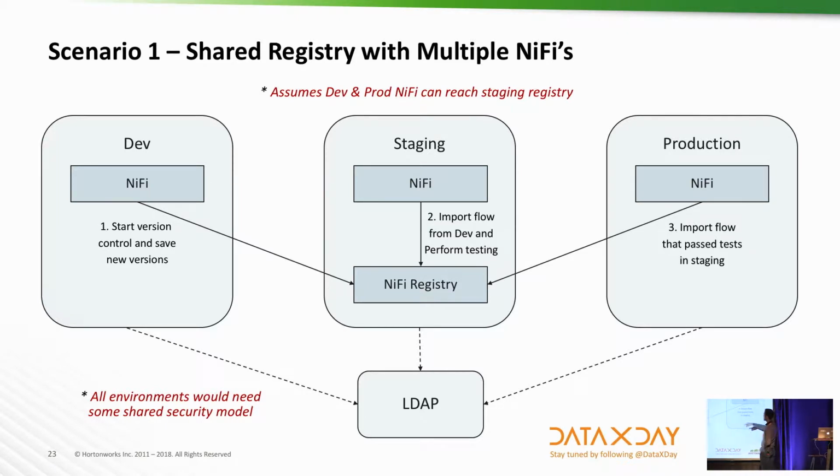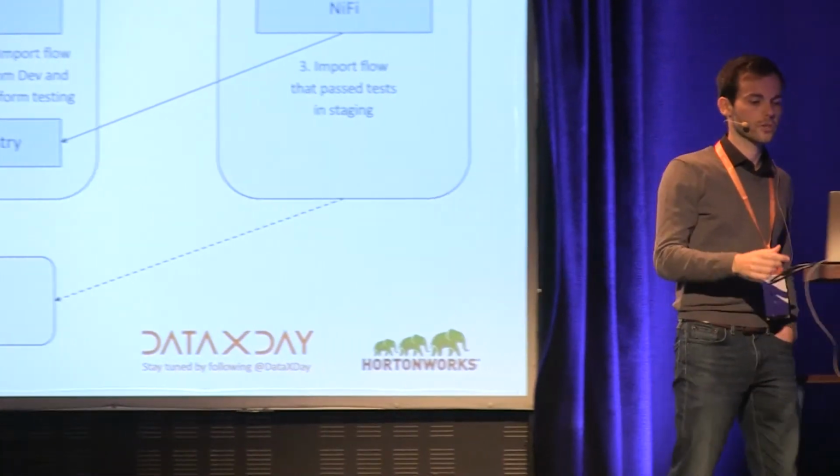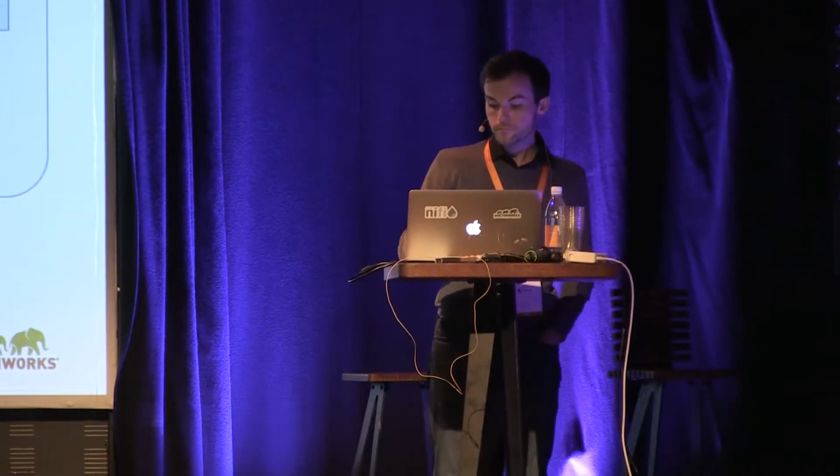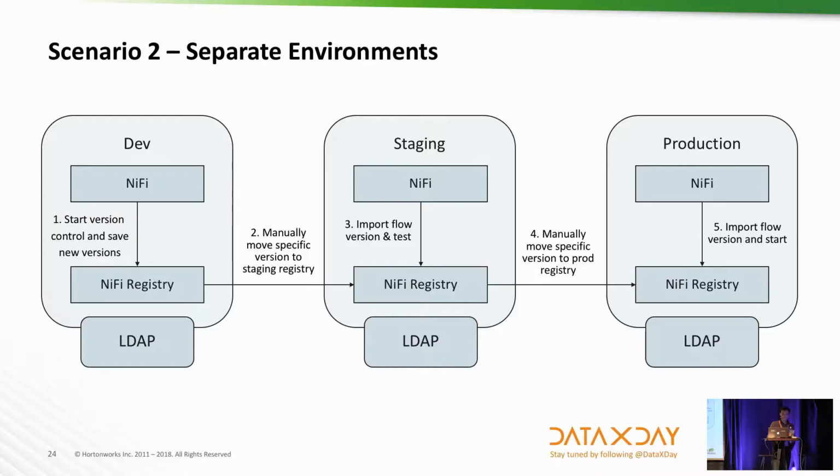This information will be stored in the NiFi registry, and then the other environments are pulling the information, checking out the information from the NiFi registry to actually deploy the new versions of your workflow. As I said, it's easier, but you won't do it, most probably.